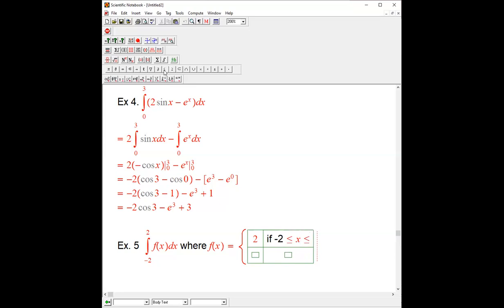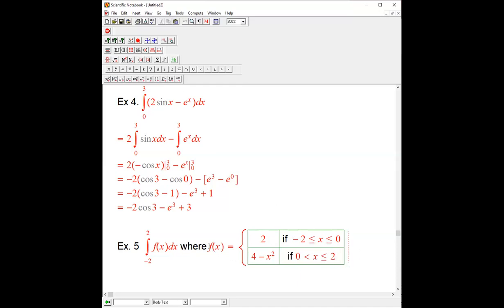And the other piece is the function 4 minus x squared, if x is between 0 and 2.